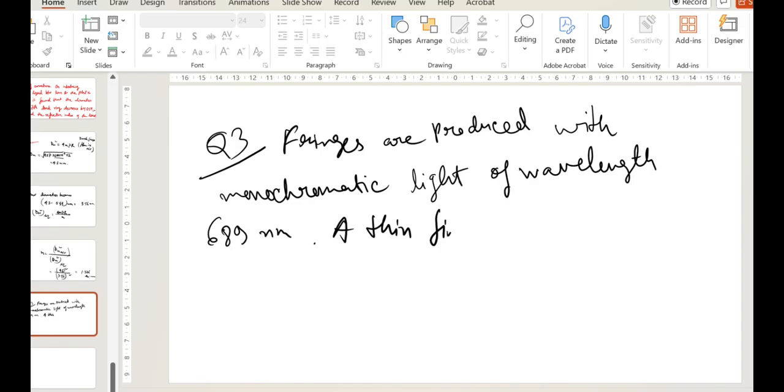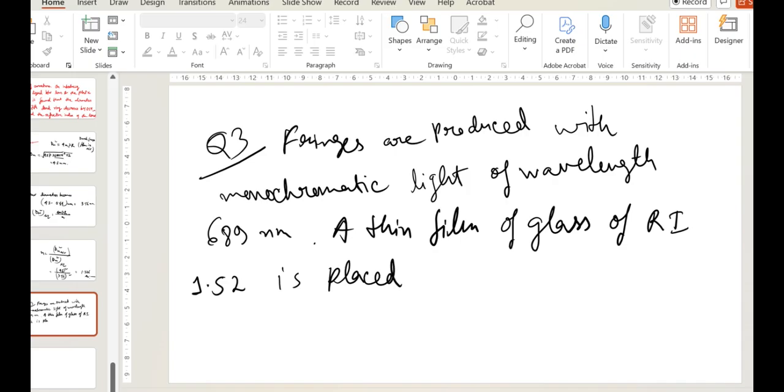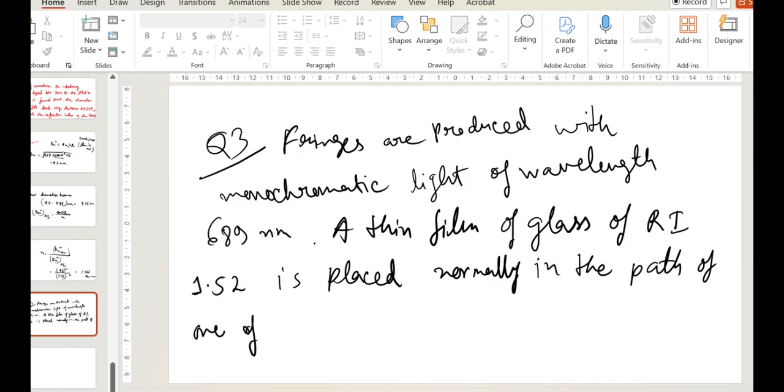A thin film of glass of refractive index 1.52 is placed normally in the path of one of the interfering waves.